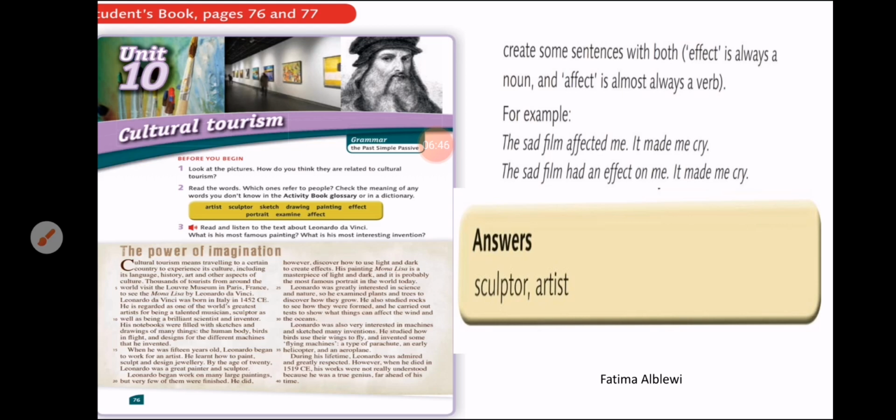He is regarded as one of the world's greatest artists for being a talented musician, sculptor, as well as being a brilliant scientist and inventor. يعتبر إحدى the world's greatest artists for being a talented musician. He was a musician, a person who plays music. Okay? Sculptor. Now what does sculptor mean? نحات. Okay?